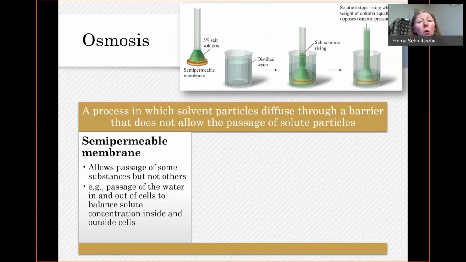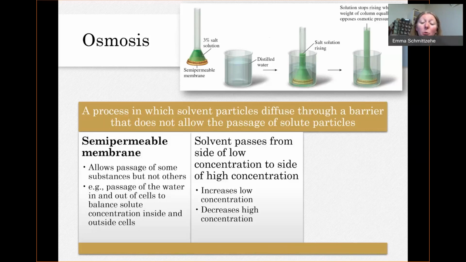The cell wall is a semi-permeable membrane, so it allows some things to pass through and other things it does not. And so water can flow in and out of that cell in order to equal out the concentrations.